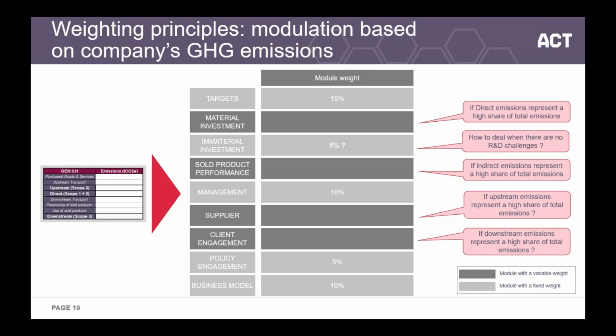And the idea is the same regarding the supplier module, if we have upstream emissions quite high in the profile of the company, or the client engagement approach, if we have important downstream emissions in the profile of the company. So this modulation of the modules may be based on the greenhouse gas profile of the company.